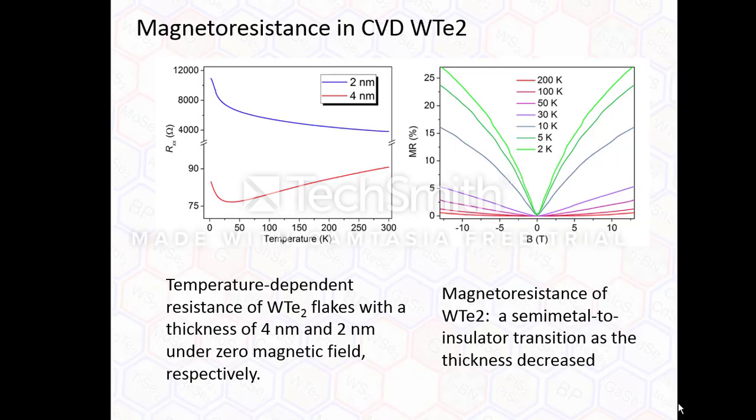Okay. Now we make some devices, right? And then we find that for WTe2, yes, we observe the magnetoresistance, and for the very thick one, we see the unsaturated one, but for the thin one, it becomes a kind of insulator. So we have seen this semi-metal to insulator transition in WTe2 as the thickness decreases.